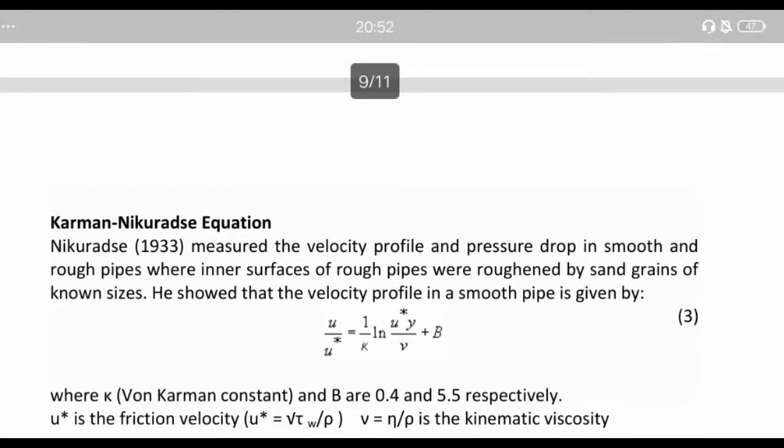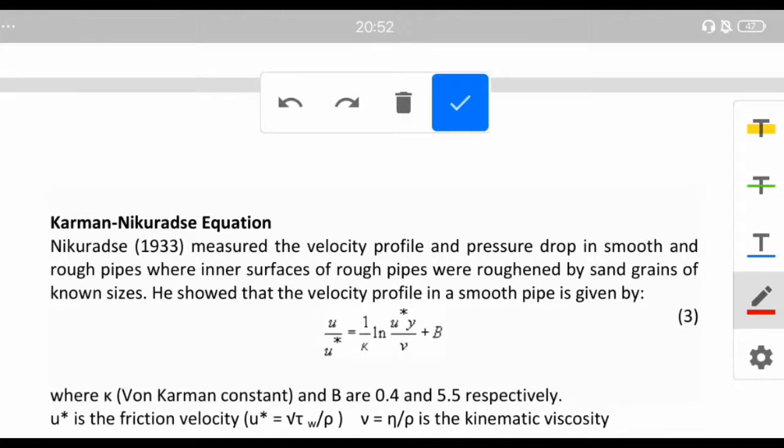So next is the most important equation, that is the Karman-Nikuradse equation, where Nikuradse in 1933 measured the velocity profile and pressure drop in smooth and rough pipes, where the inner surface of rough pipes was roughened by sand grains of known sizes.